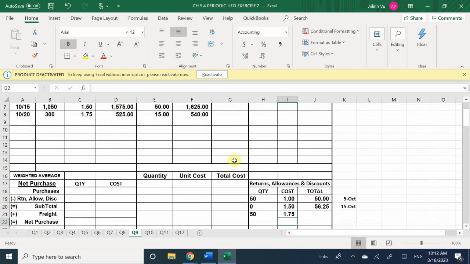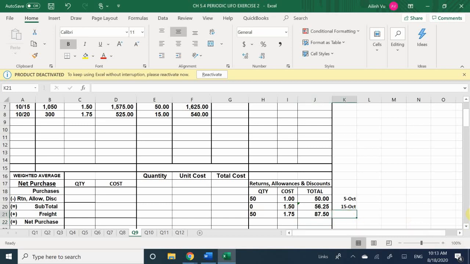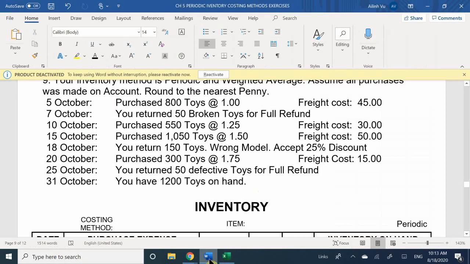We're not including the freight because it's a separate charge. So my total refund will be $87.50. 87 and 50 cents is correct. And I'm going to make a note that this was for the batch of 10/20.